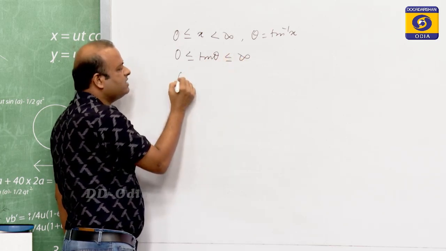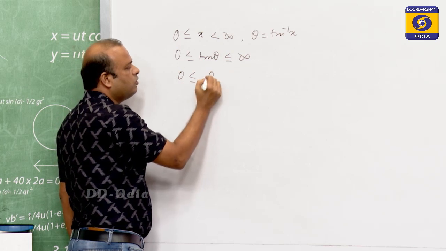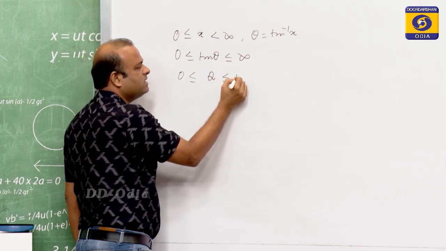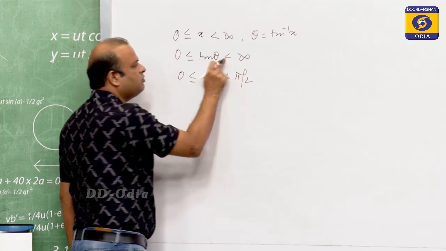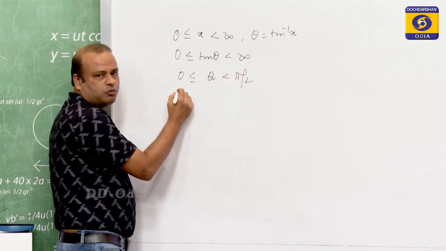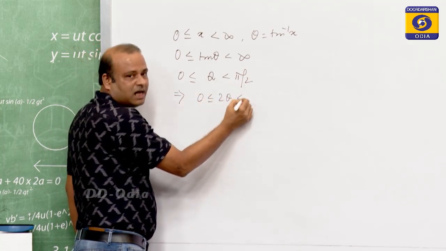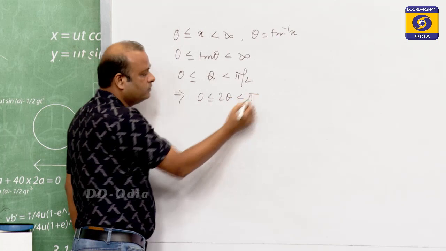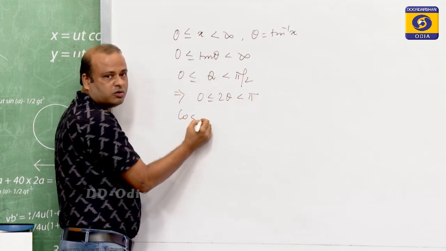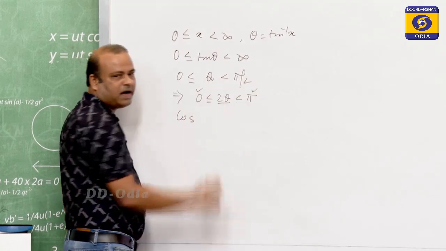So theta lies between 0 and pi by 2: 0 less than or equal to theta less than pi by 2. So multiplying by 2 both sides, that is 0 less than or equal to 2 theta less than pi. That is, 2 theta lies between 0 and pi.